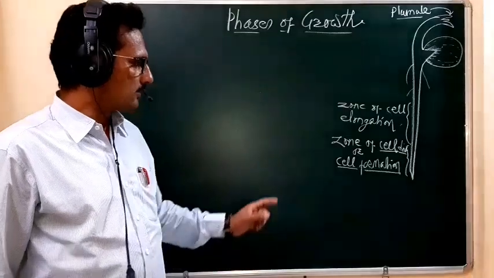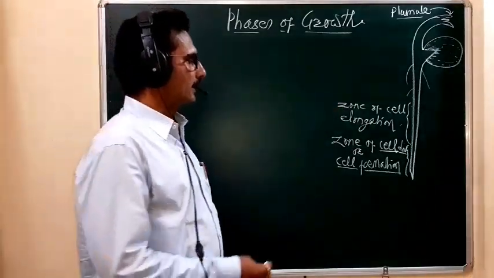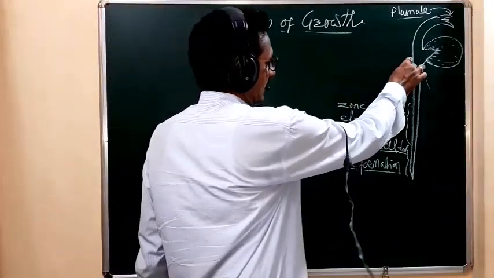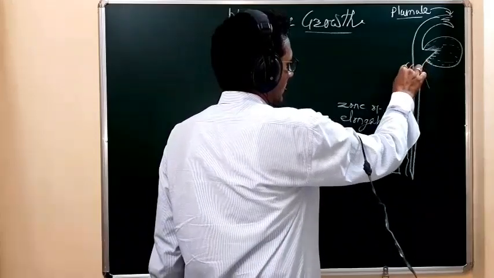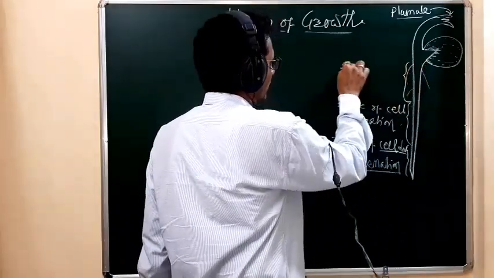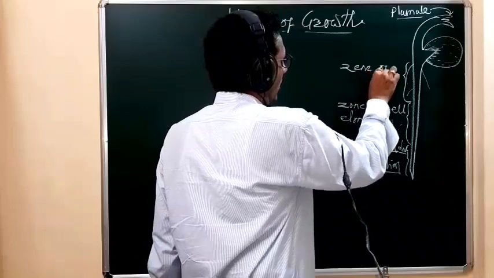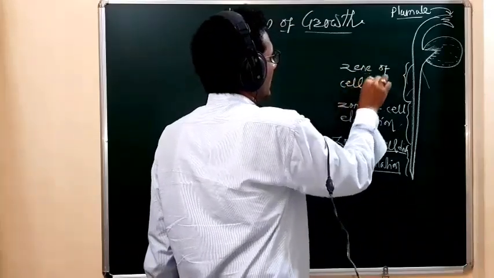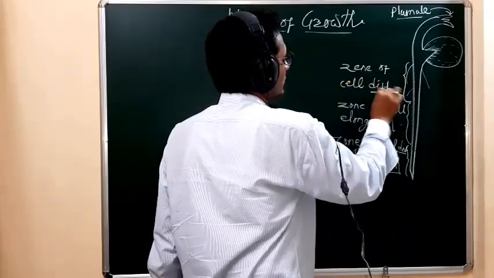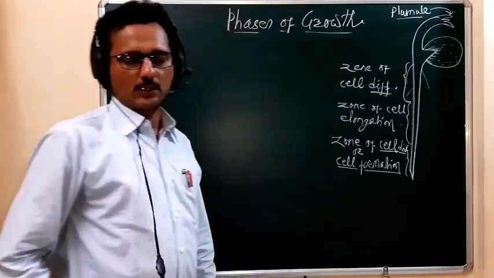Then next to that, there is another region. That region is the zone of cell differentiation.